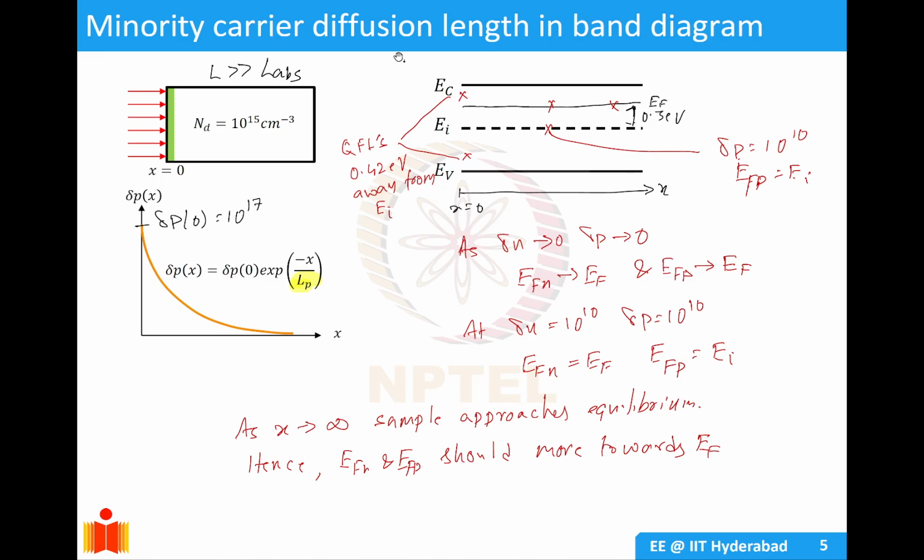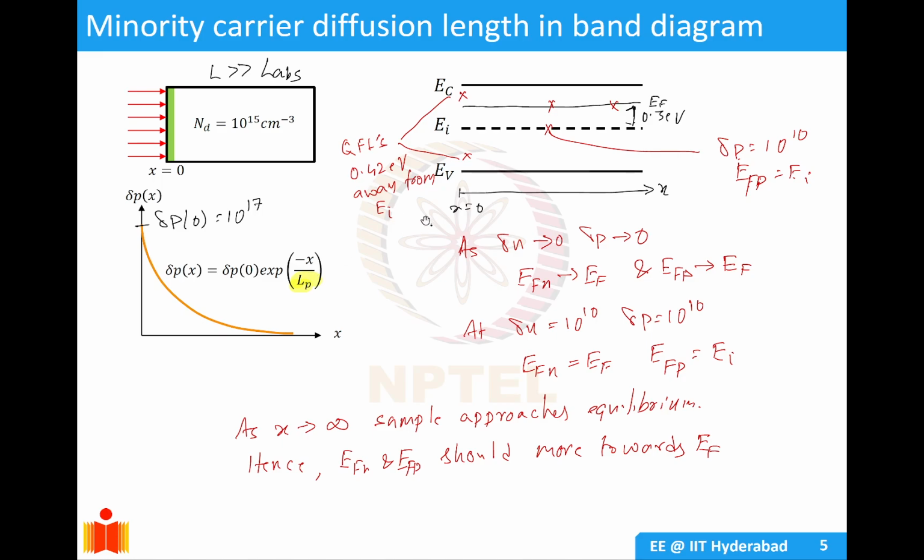So minority carrier diffusion length in band diagram. At x equal to 0, you have generation. For the remainder, you don't have any generation. From earlier, we had calculated delta p of x equals delta p naught exponential minus x by LP.